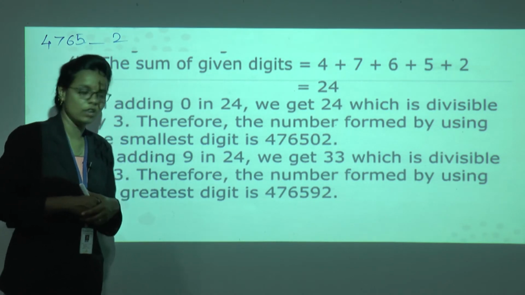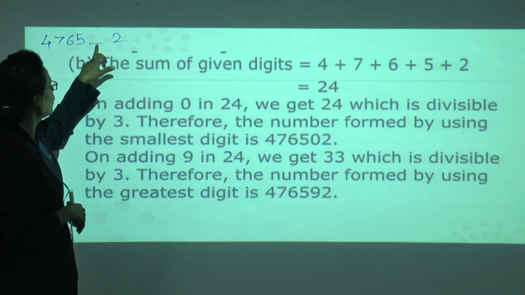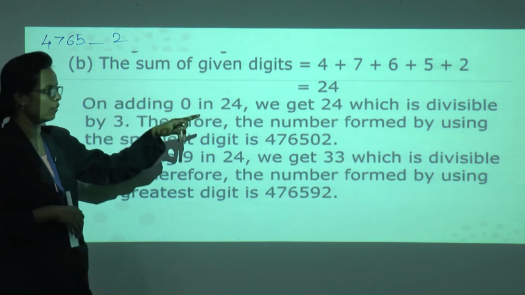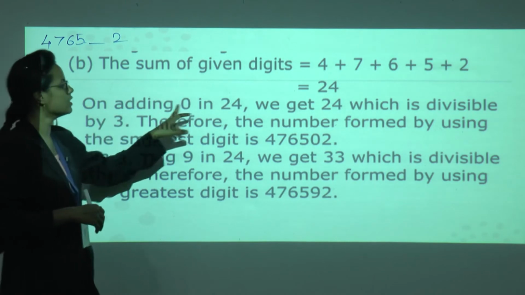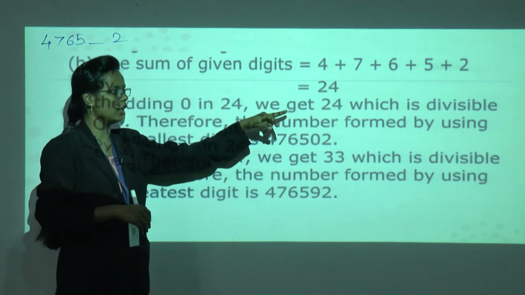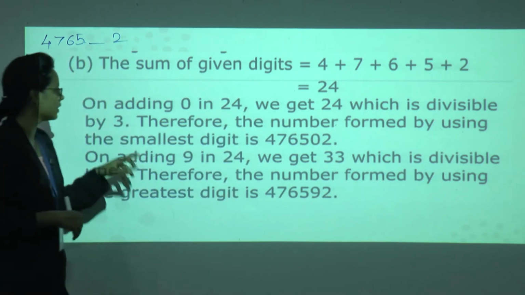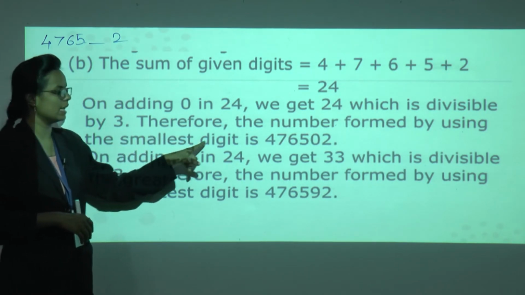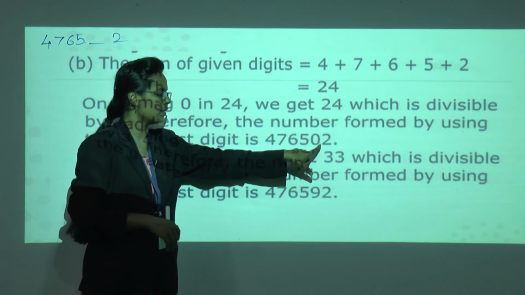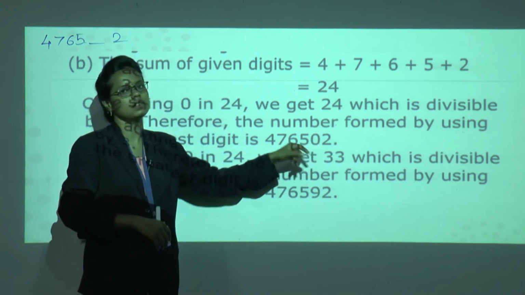Yes, we can add 0. If we add 0 to 24, we get 24, which is divisible by 3. Therefore the smallest digit for the blank space is 0.